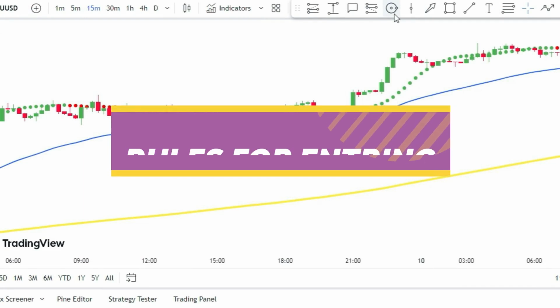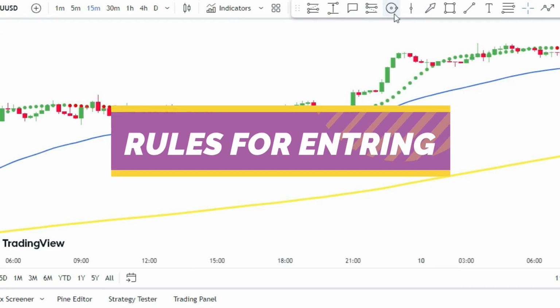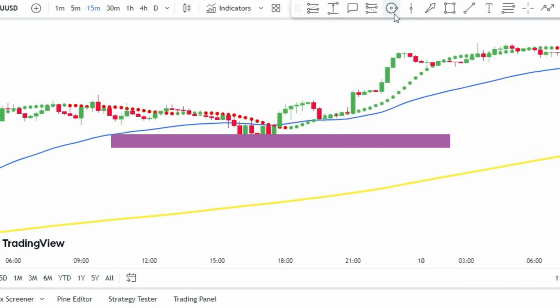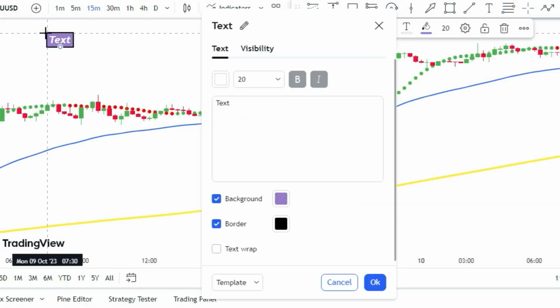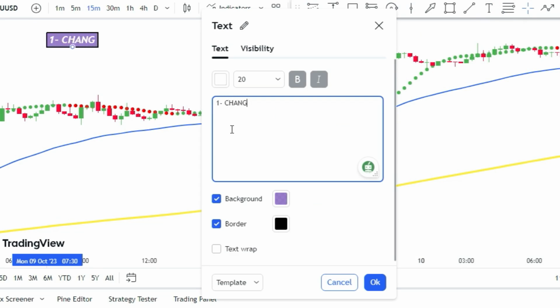Now, when we mix all these elements together, the rules for entry become crystal clear. For a long trade, we're looking for the dots on the chart to switch from red to green, signaling a change in the market mood.